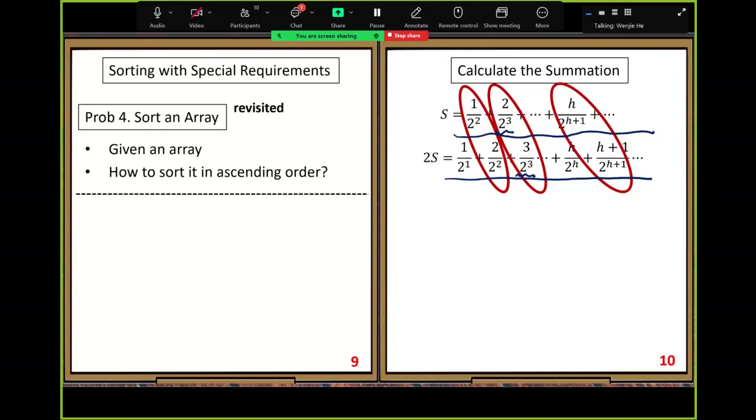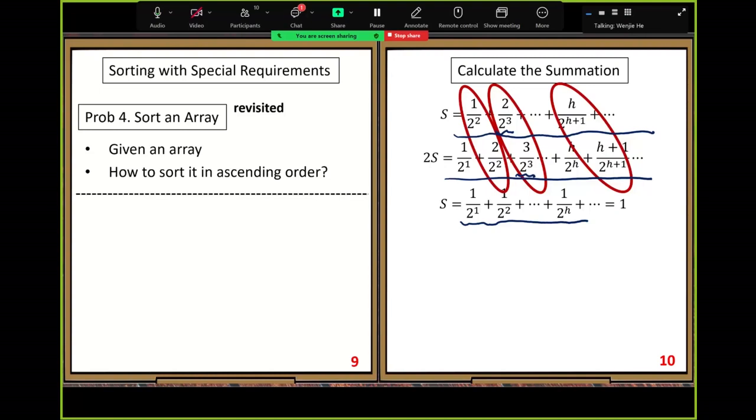So we can take a difference between these two equalities. We use the lower equality to subtract the upper equality. Then the left-hand side we get an S. The right-hand side, this time you can see a very simple series.